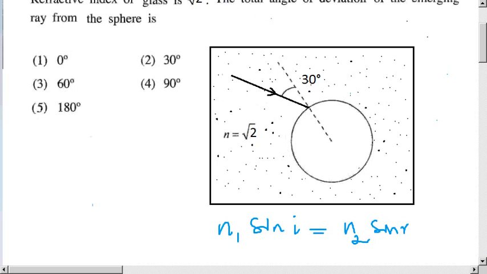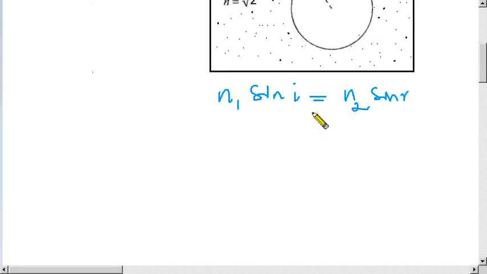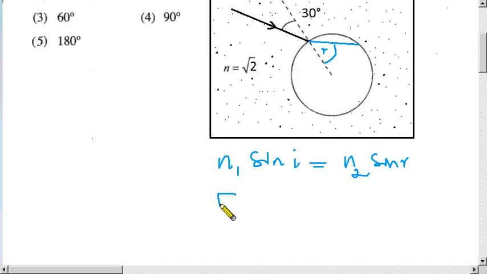Let us suppose the refracted ray is going like this, and this angle is the refracted angle r. So n1 is root 2 now, and the angle is sine 30, equals n2 is 1 because this one is air, times sine r.